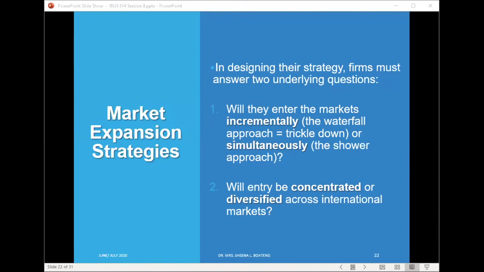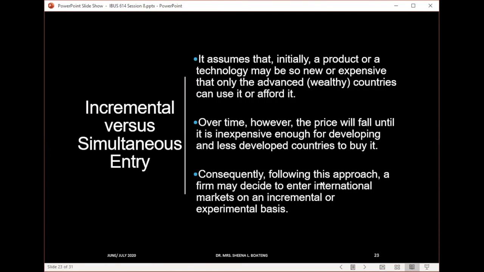Right? So let's look specifically at the approaches that we are talking about now: incremental versus simultaneous entry. Like we have already established, it assumes that initially a product or a technology may be so new or expensive that only the advanced wealthy countries can use it or afford it. And that's exactly how Amazon started. Amazon was incremental.